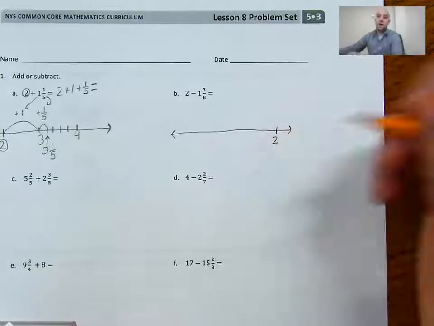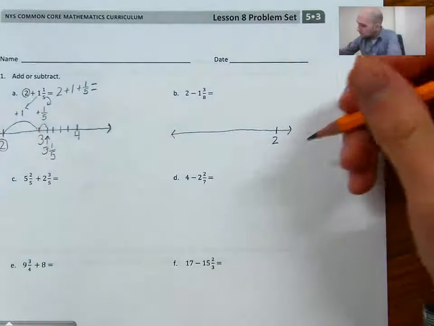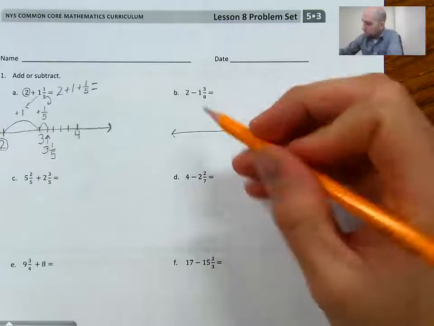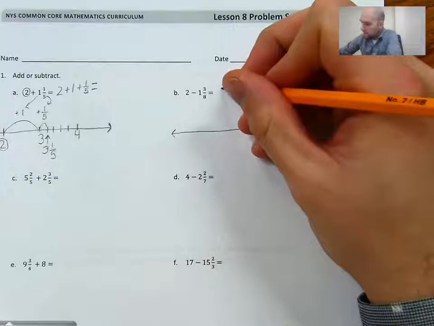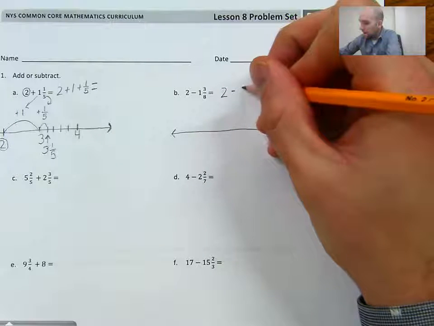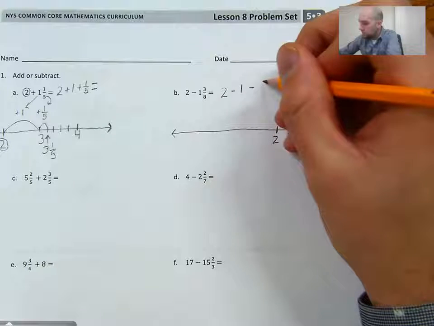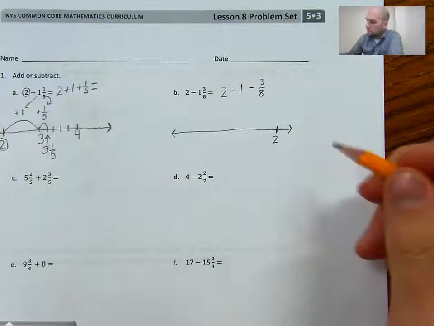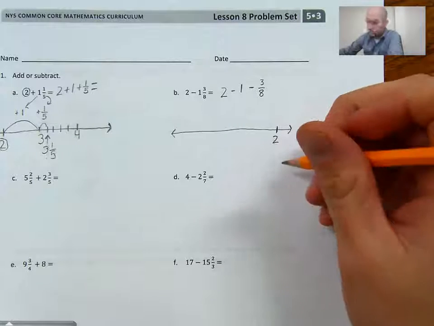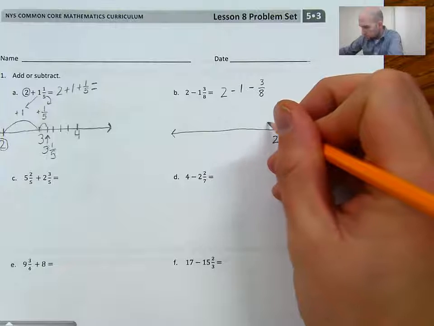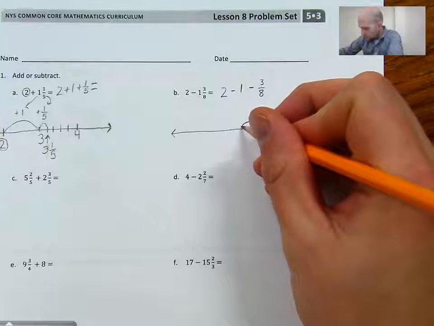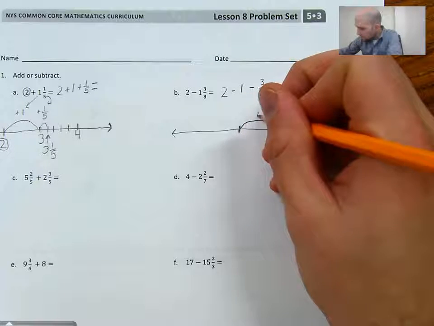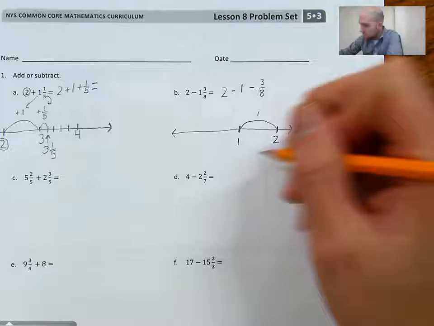When we subtract, we go backwards down the number line. So the first number I need to subtract, again, I can expand this out and I can say this is 2 minus 1 minus 3/8. So I can do first 2 minus 1. I'm going to jump backwards this way. Two minus 1 will give us 1.